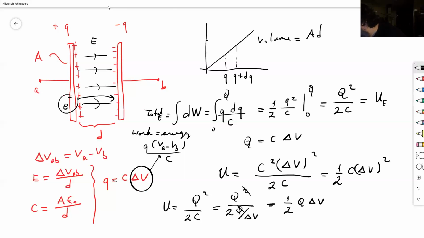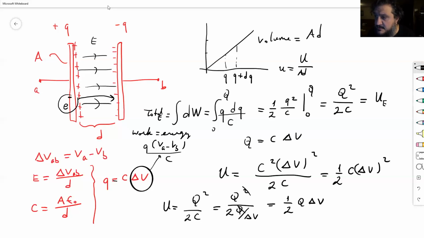All right, that would be the energy density. Little u. Little u will be capital U divided by the volume, AD.